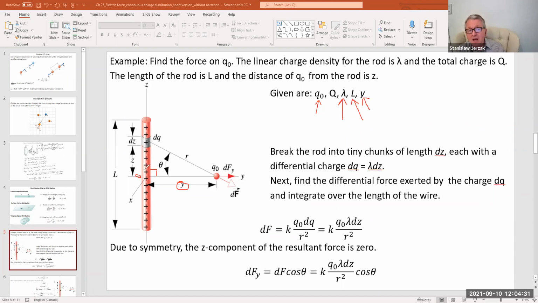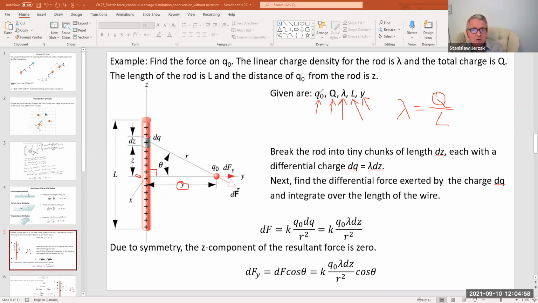Okay, and the total charge on the rod is Q. Total charge on the rod is Q, which means that lambda, the charge density, we could also write as the total charge on the rod divided by the total length of the rod. That would be the meaning of lambda, right?